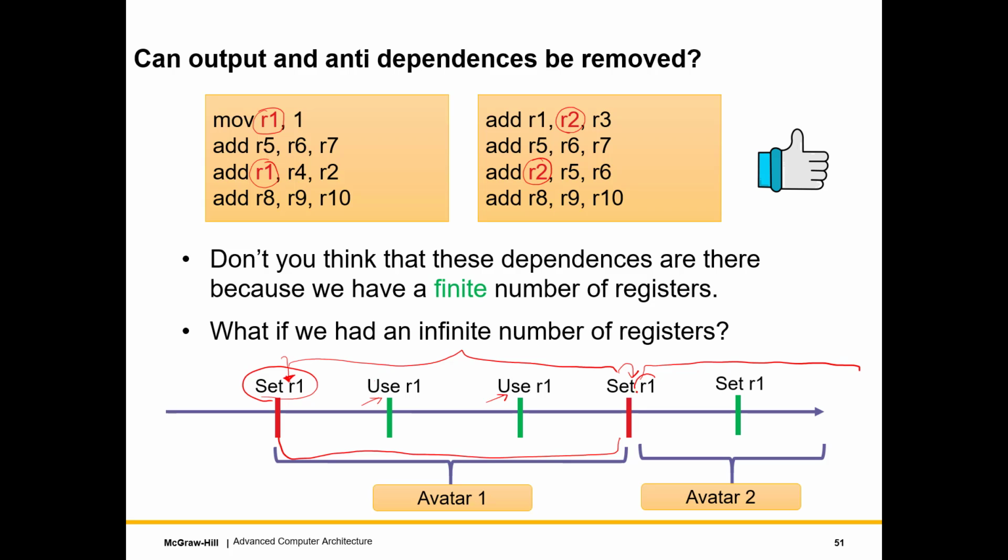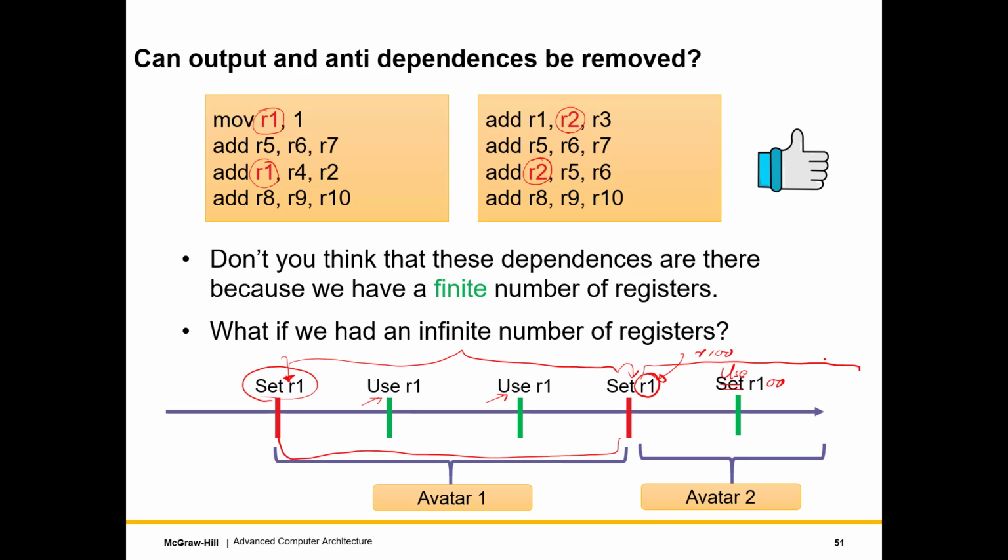So let's say we automatically change R1 to R100 and then replace every single use of R1 with use of R100. It will make no difference at all.